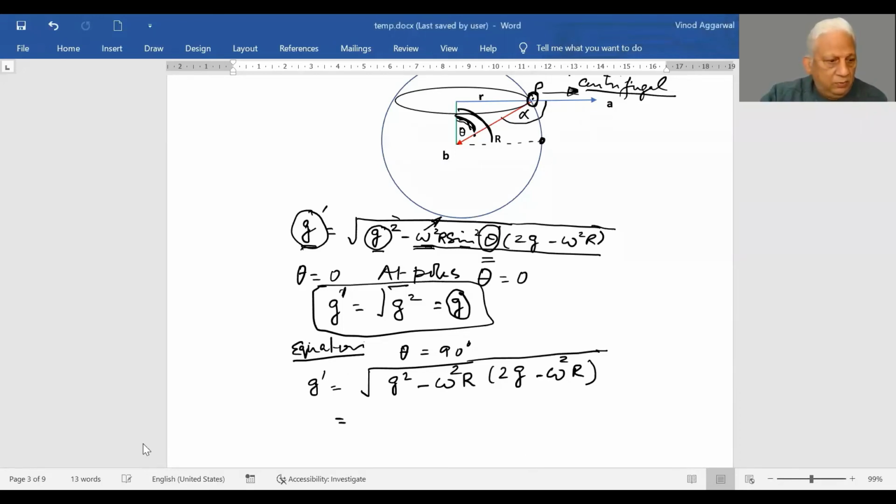And this will be equal to g minus omega square R. So the apparent gravitational pull will be less at the equator compared to the standard g.